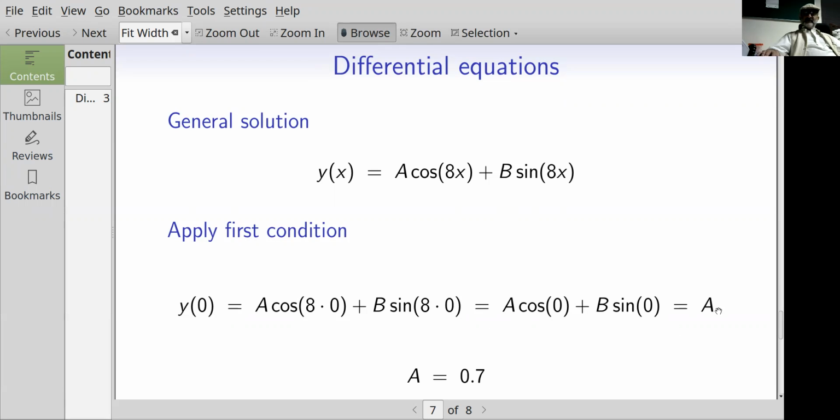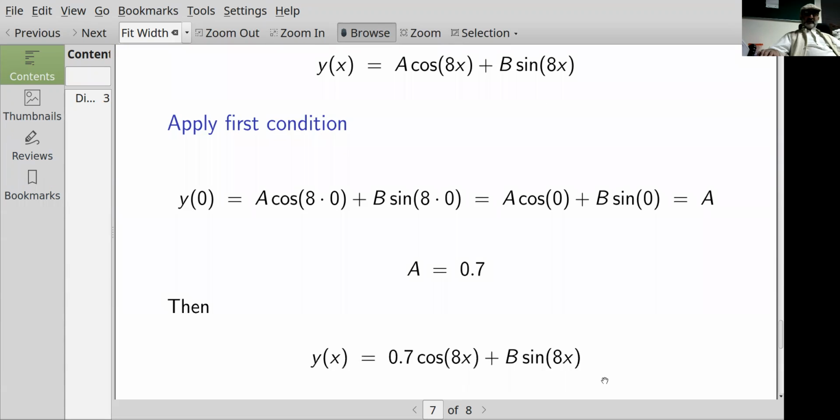So y of 0 is equal to a, and we were given that y of 0 is equal to 0.7. So a is equal to 0.7. So now we know that y of x equals 0.7 cos of 8x plus, we don't know anything about b yet, b sine of 8x.